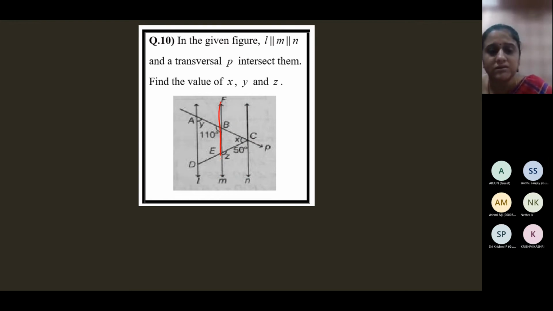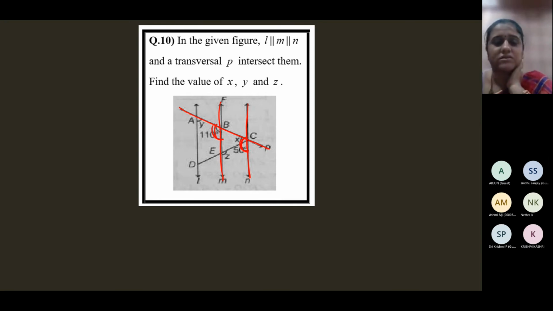So parallel line, transversal, and this angle and this angle are corresponding angles. These two angles are corresponding angles, and they're equal. Corresponding angles are equal because the lines are parallel.